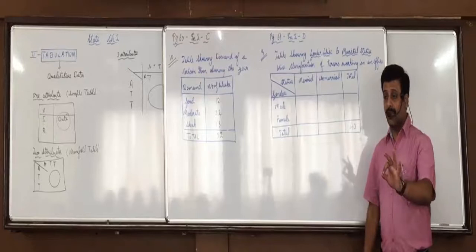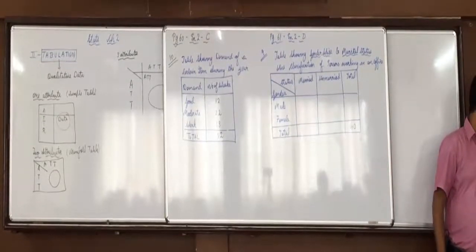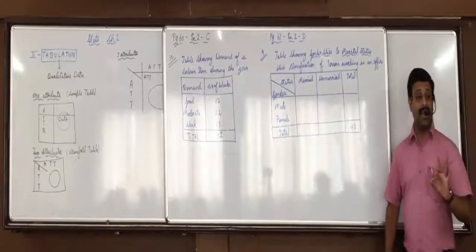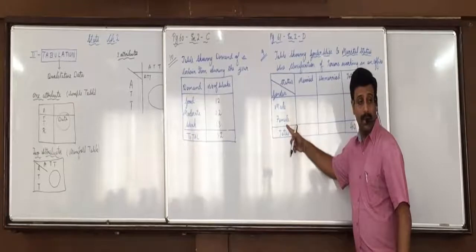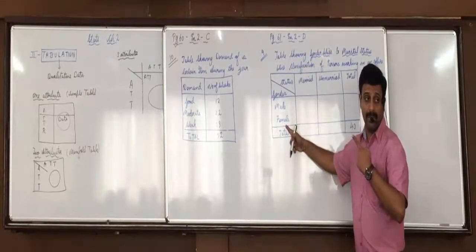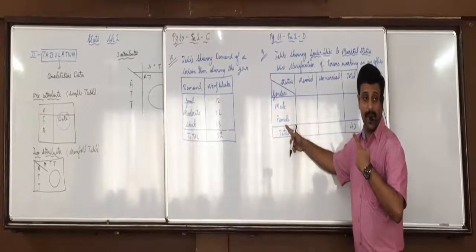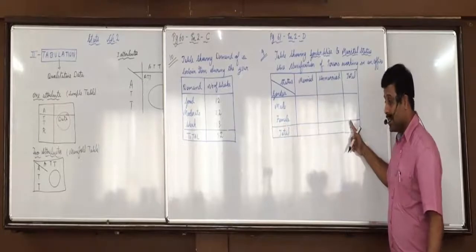What is given in the question? Read it. Out of 40 people working in an office, 60% are females. Pin drop silence when I'm doing anything. Out of 40 people, there are 60% females.